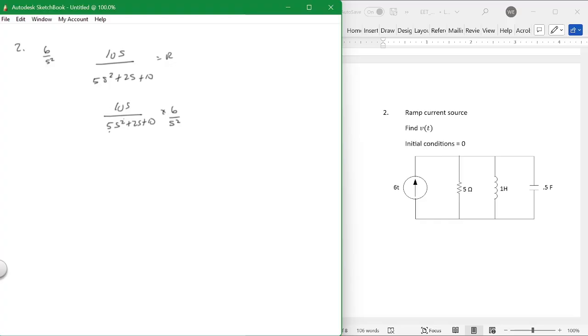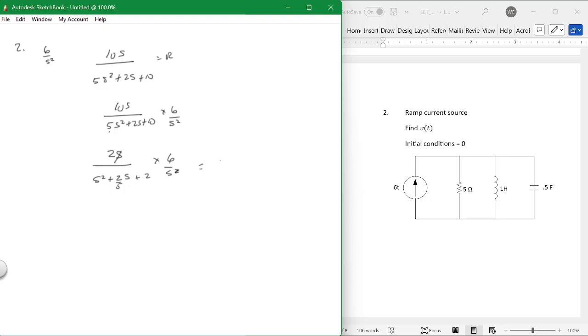So basically we say it's 2s over s squared plus 2/5 s plus 2, times 6 over s squared, and we cancel that. So now we've got an s.